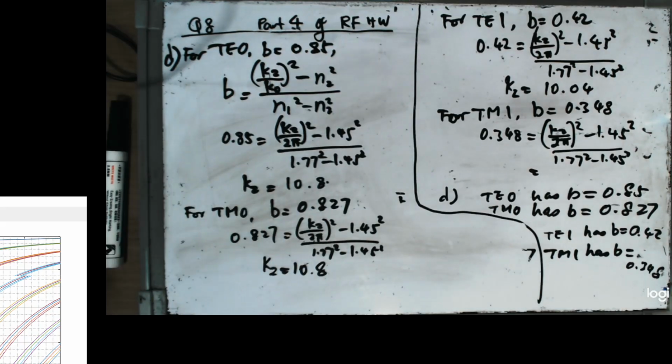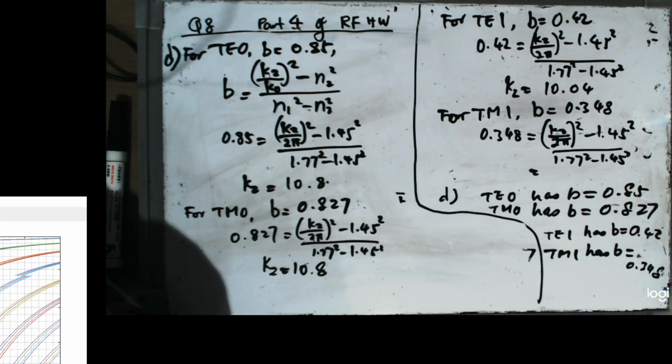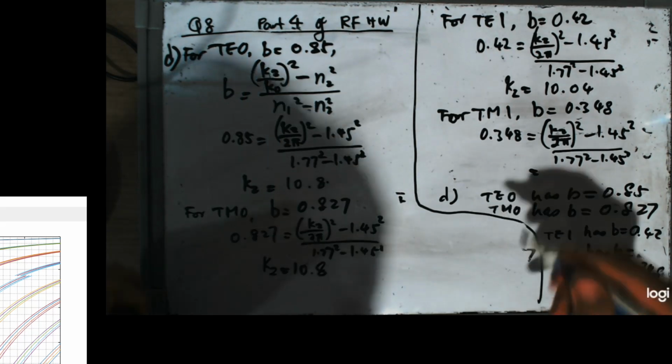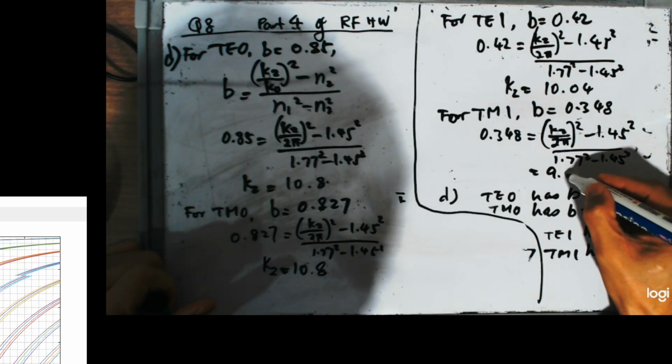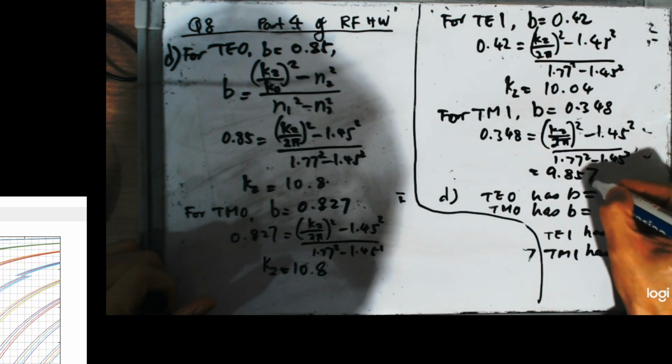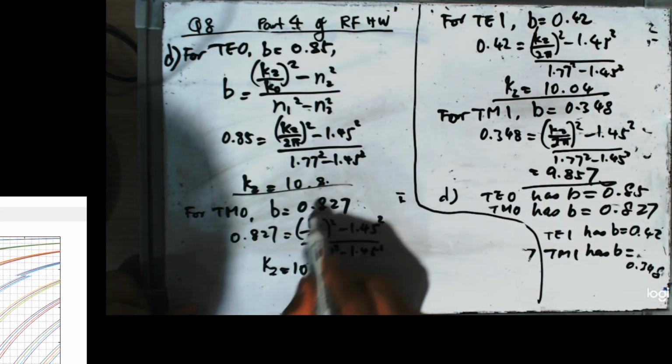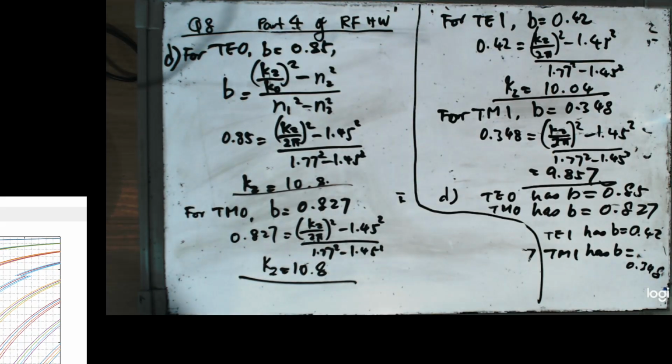I got 9.857. So these are the values that we need. So part D is done.